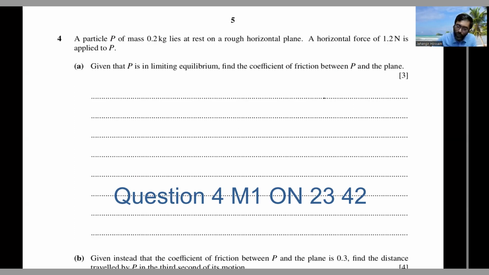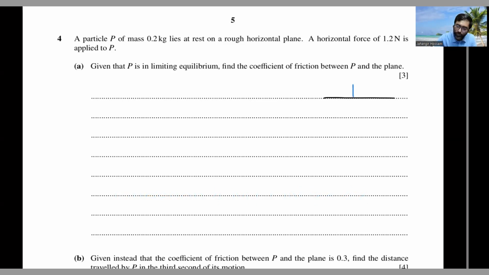So you see on a horizontal plane, a block of mass 0.2 kg lying, and there is a horizontal force acting on it with a magnitude of 1.2 Newton, and there is normal reaction, weight is downward, weight is m into g, 0.2 into 10, that's 2 Newton, and there is friction.